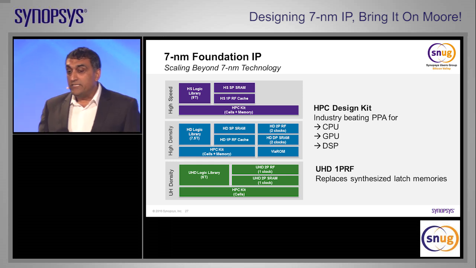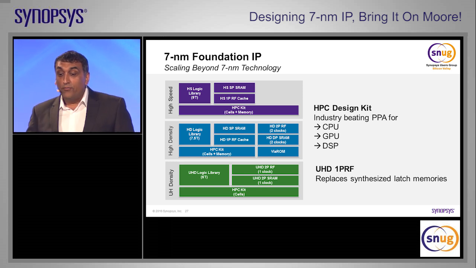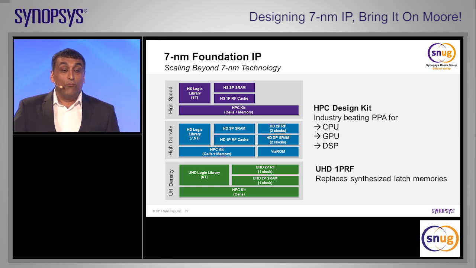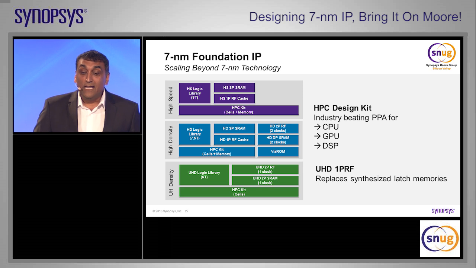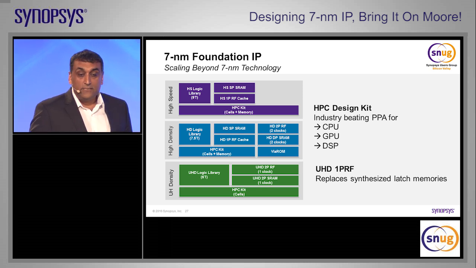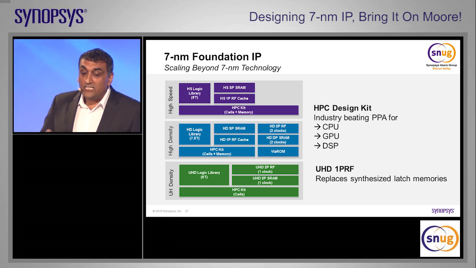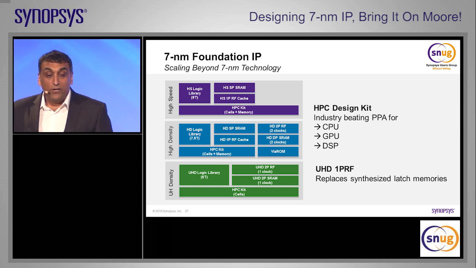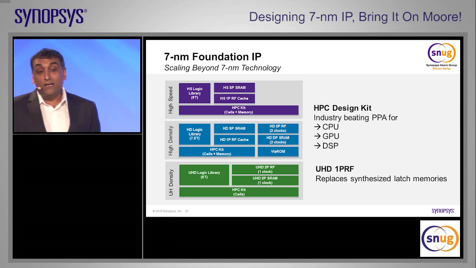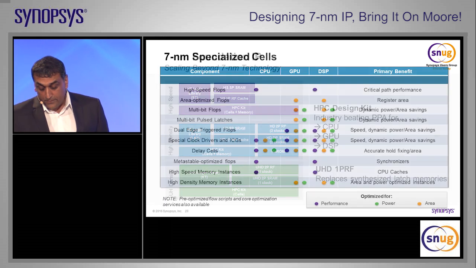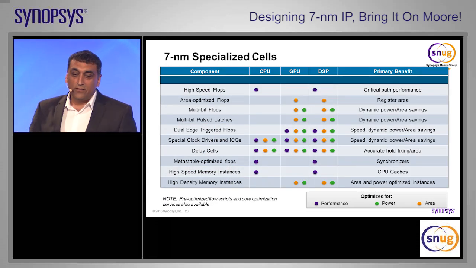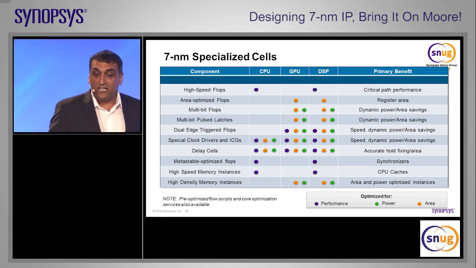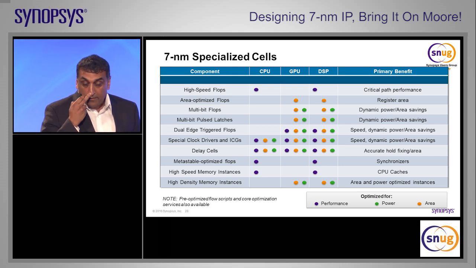Also at 7 nanometers, scaling beyond that node, we've got ultra high density single port register files, and these replace synthesized latch memories. These are custom, handcrafted, very small density memories that enable even smaller memories than synthesized versions. So these are 7 nanometer specialized cells as part of our foundation IP development.